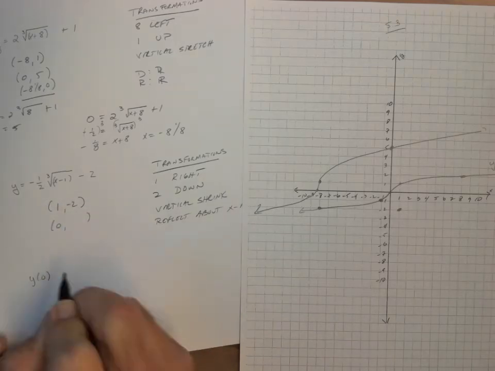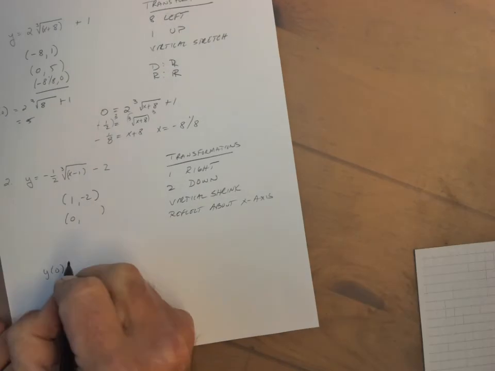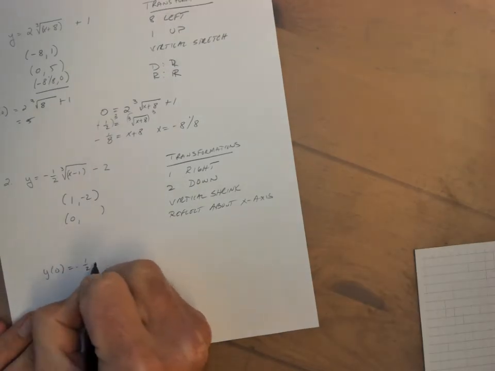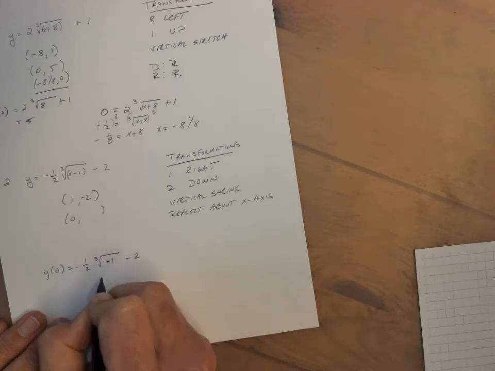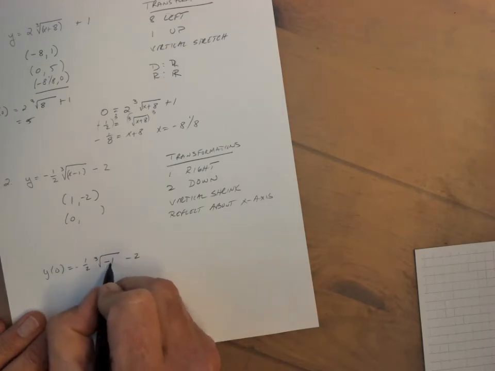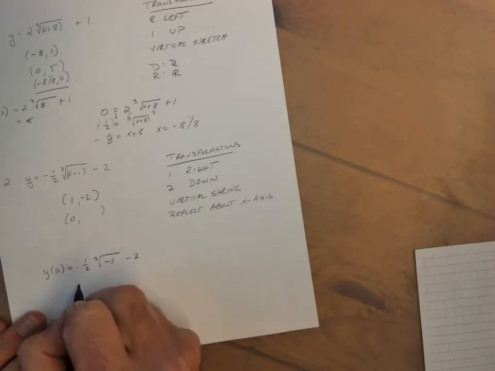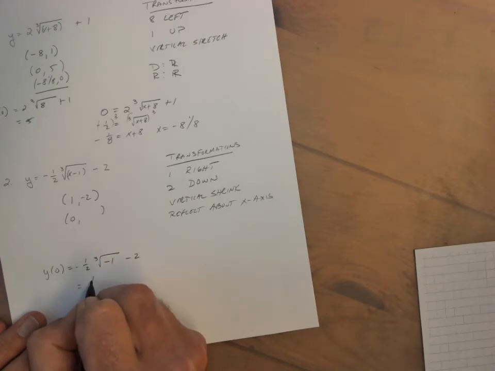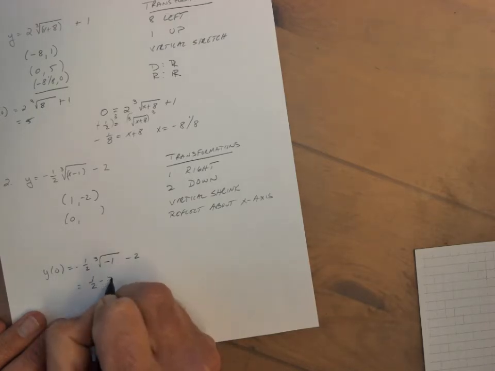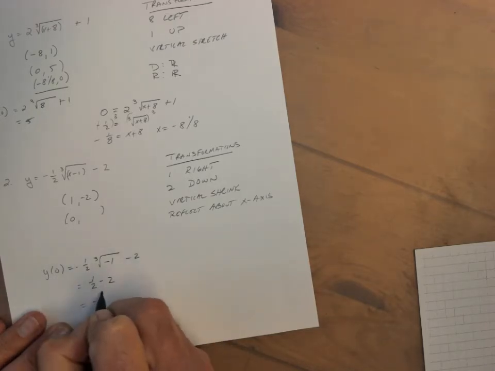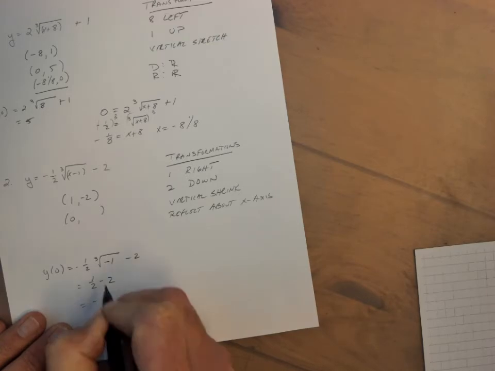So y of 0, doing a little bit of our arithmetic down here. You can certainly do this on your calculator. So 0 minus 1 is negative 1. Well, the cube root of negative 1 is negative 1. Times negative 1/2 is positive 1/2. So we get 1/2 minus 2. So that's negative 1.5 or negative 3/2.